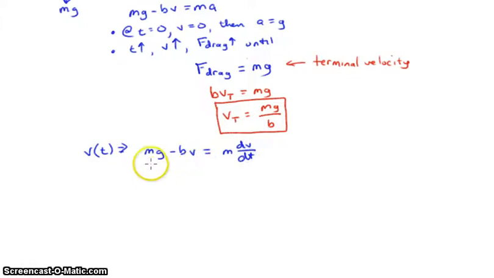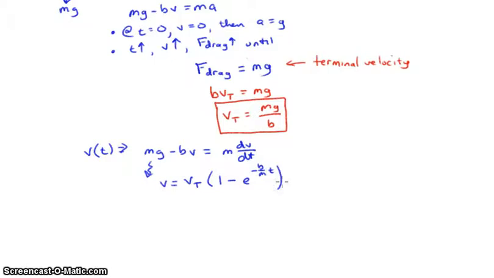Solving that using separation of variables, integration, and application of initial conditions gave us something that looked like this: the terminal velocity times 1 minus e to the minus b over m t.